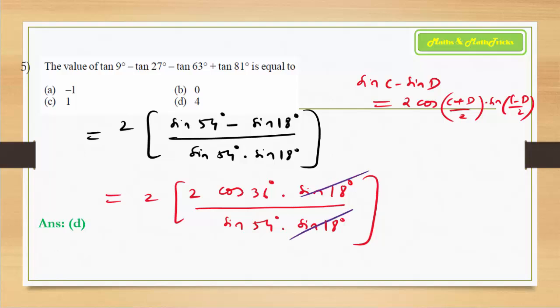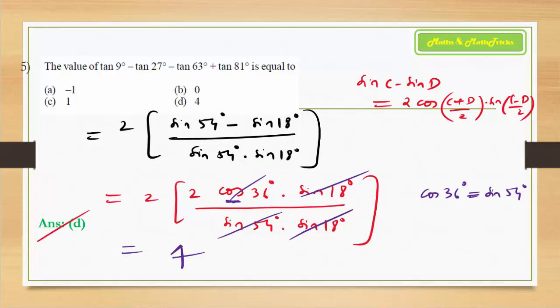And cos 36 is the same as sine 54, because 54 and 36 are complementary angles. Cos 36 can be written as sine of 90 minus 36, which is sine 54. Hence the answer is 2 into 2, 4. That is how I proved it. The option is D for this.